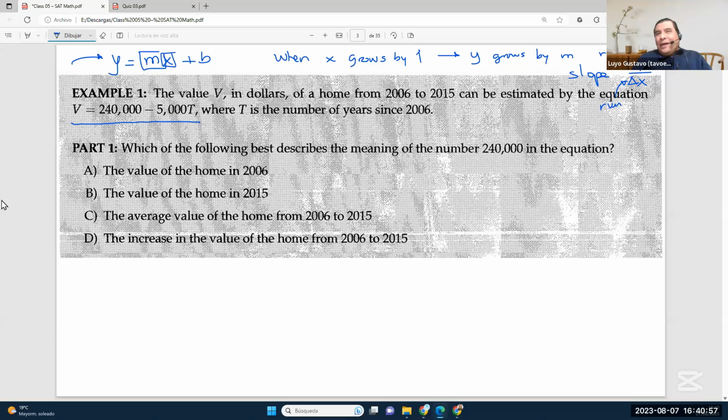So in this case, our x is called t and our y is called v, because v is value, t is time. Okay? How do we visualize this? Immediately, remember that the coefficient multiplying our x is the slope. So if we see a negative slope, as we can see here, the negative 5,000, we can immediately perceive that this is a linear decay model.